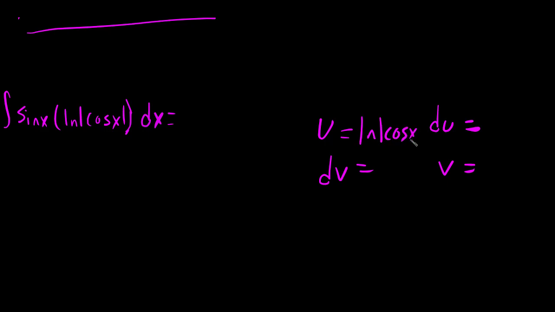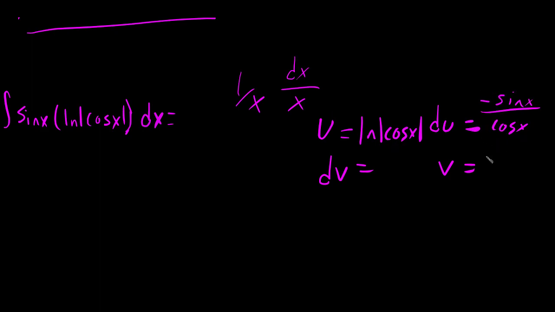So u is ln of cosine of x, and then the derivative of this, if you know 1 over x, it's just the derivative of the thing over the thing, essentially. So the derivative of cosine is negative sine x, over what's actually inside, which is cosine of x. So this is your du.